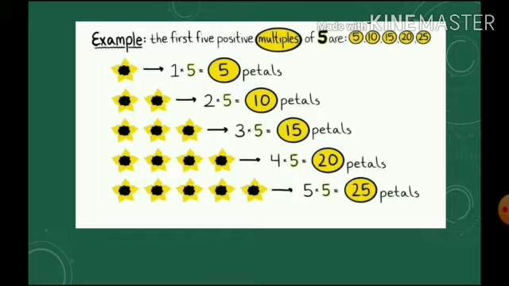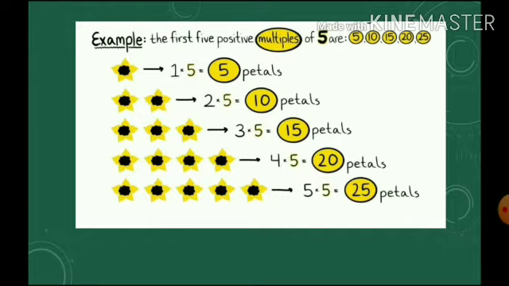Look at the first flower. How many petals are there? 5 petals. So 1 into 5, 5. Second row, how many flowers? 2 flowers. And each flower has 5 petals.